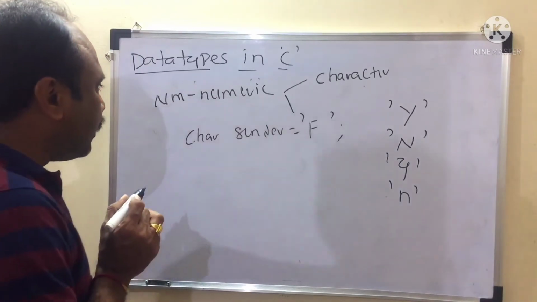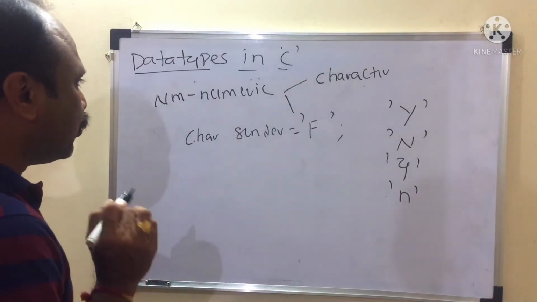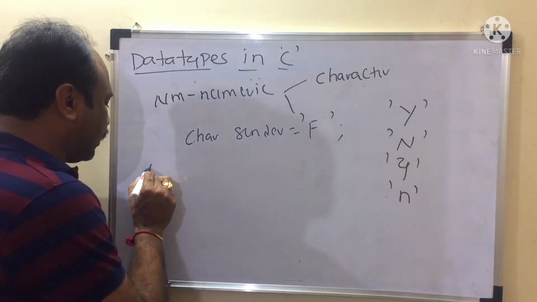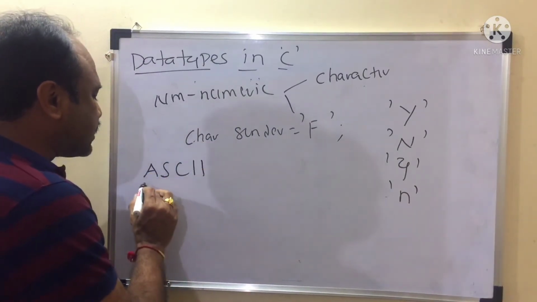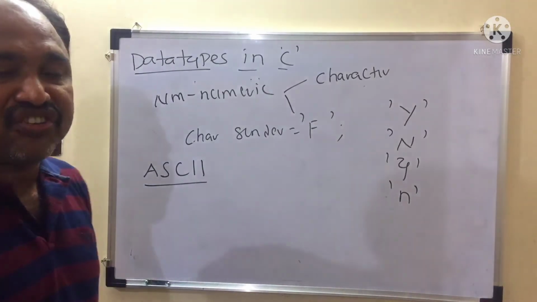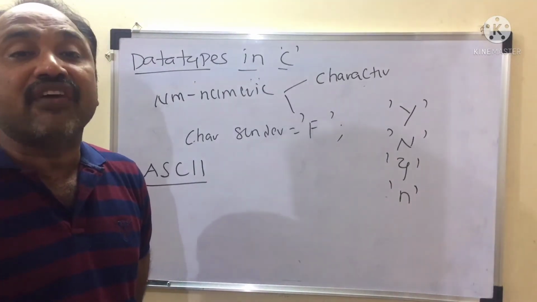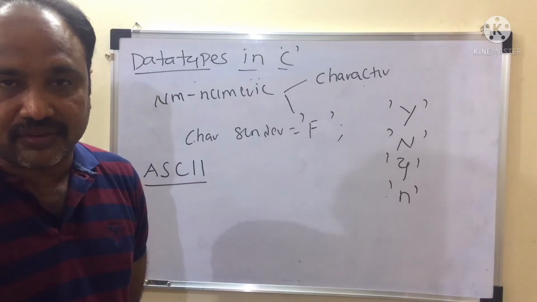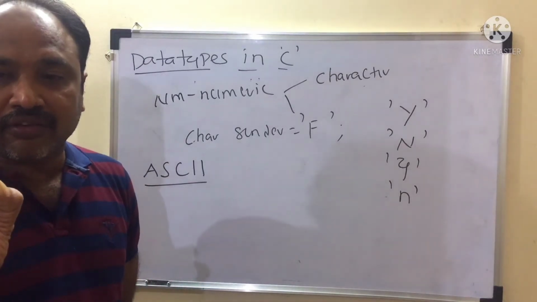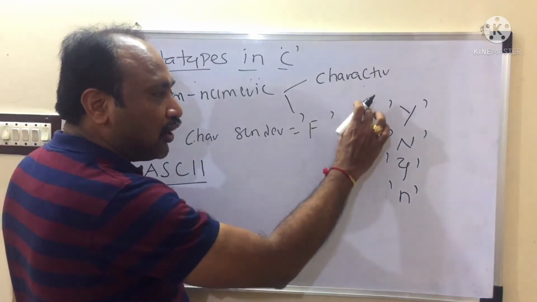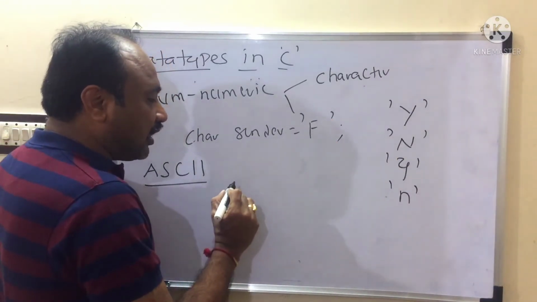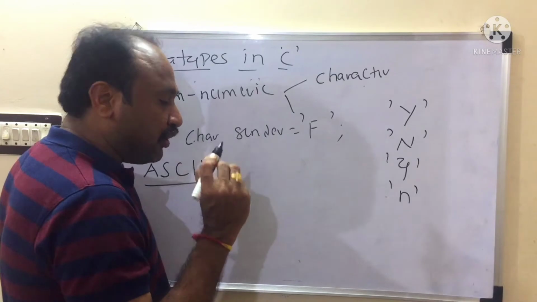Whatever equivalent integer value we use to represent every character is referred to as ASCII. ASCII full form is American Standard Code for Information Interchange. Every character is represented with a unique integer value.